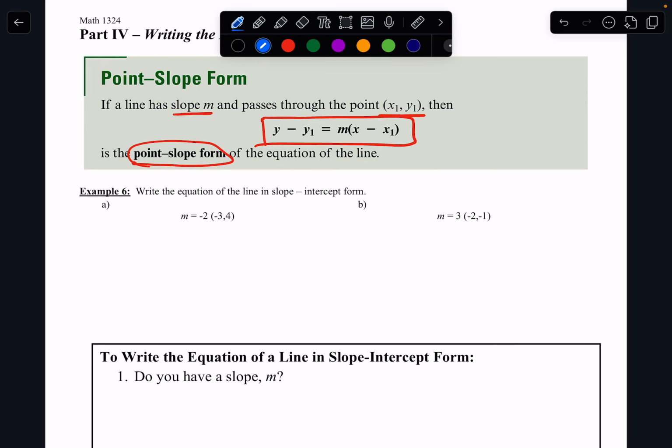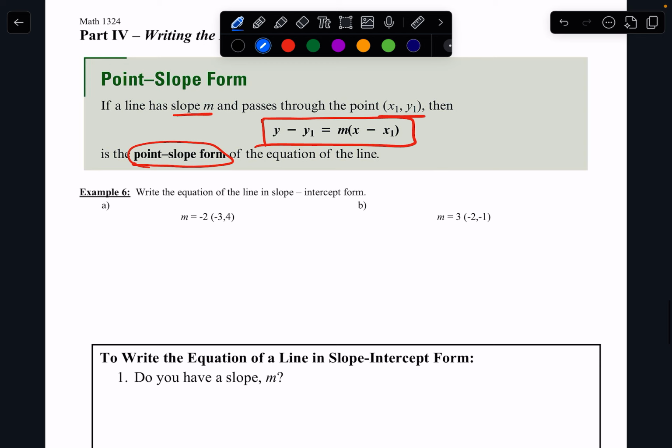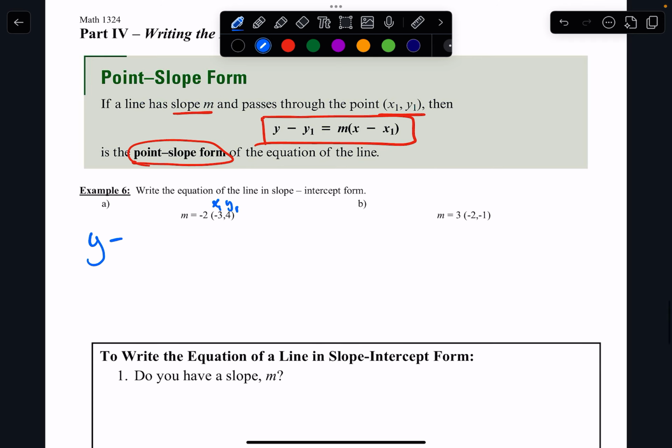So example 6, we have the slope, which is -2, and we have one point, (-3, 4). We're going to plug it into the point-slope form. y doesn't change. So this is x1 and y1. So y minus y1, which is 4, equals our slope m, which is -2, and then parentheses x minus -3 and close.